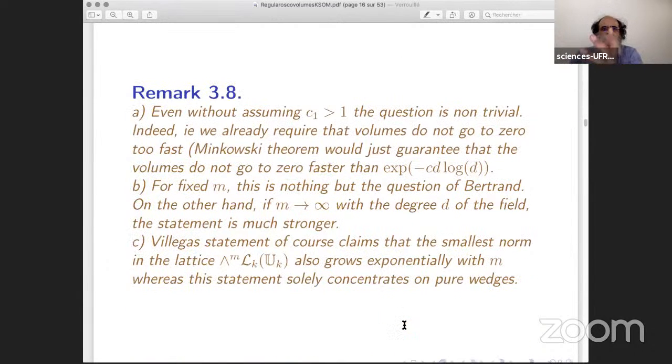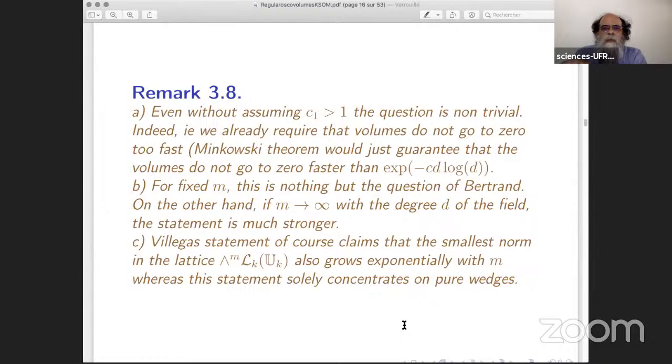So this is what I say. In fact, what happens is that if you think of Minkowski's theorem, the volume of the unit ball involves some gamma factors. Since they involve some gamma factors, even if you knew a full Lehmer conjecture, or something much stronger than Lehmer conjecture, you would have something that goes to 0 as exponential of a constant times d log d.